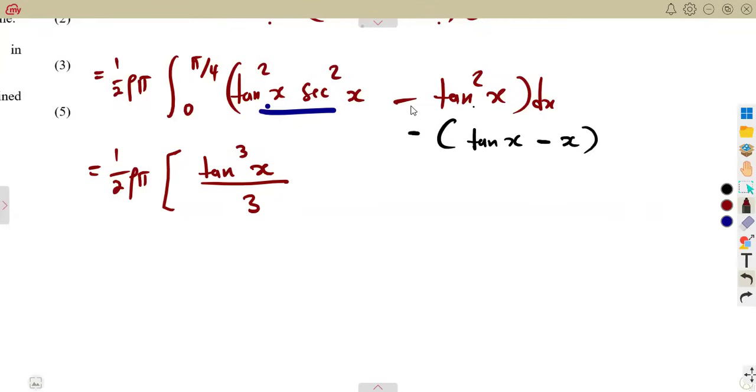So if you multiply by this negative that is outside, it is going to be negative times tan x, which is negative tan x, negative times negative, that's a positive x. Okay, so that is what you're going to have with our limits from 0 to pi over 4.